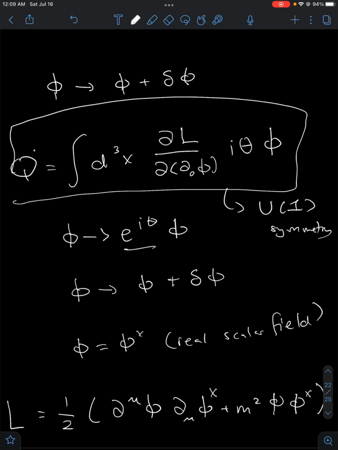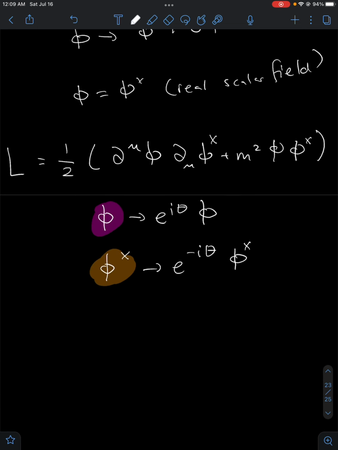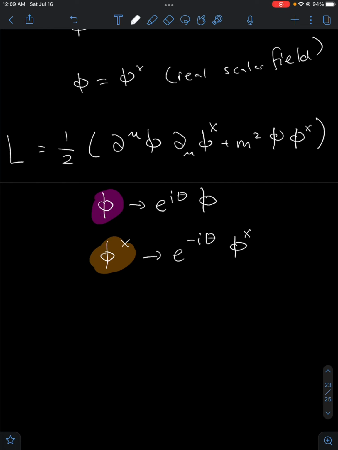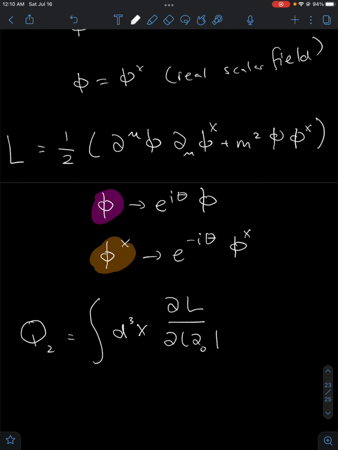Let's call this one Q1. We'll have another conserved quantity, Q2, for a complex scalar field, where Q2 is just the integral over the volume of partial L over partial naught phi conjugate times minus i theta phi conjugate.